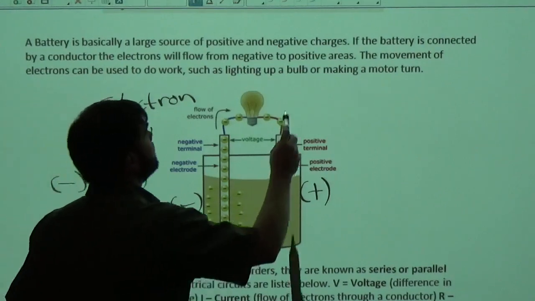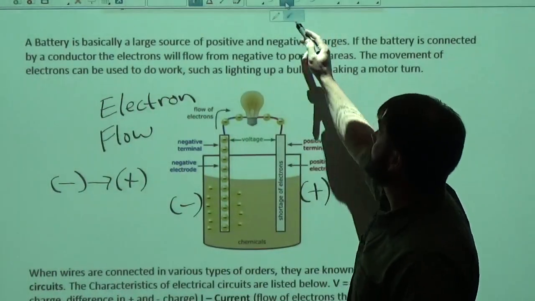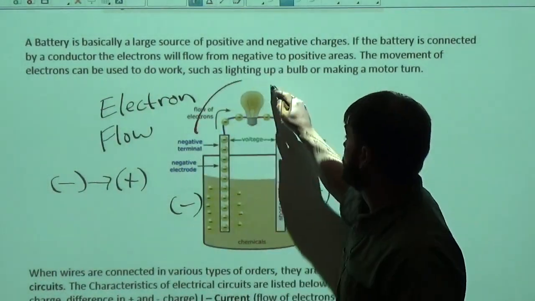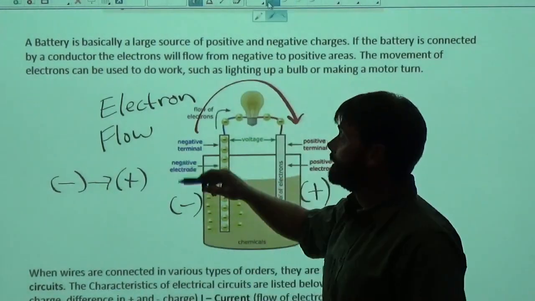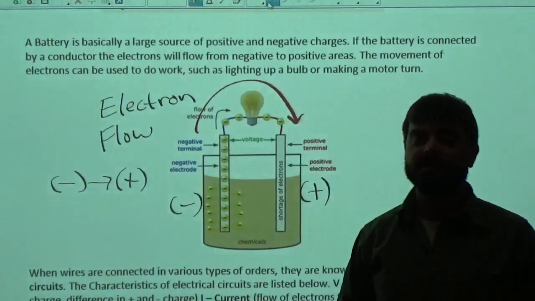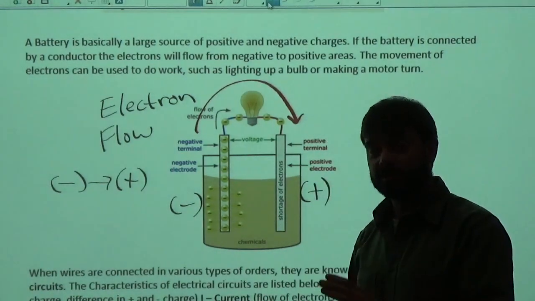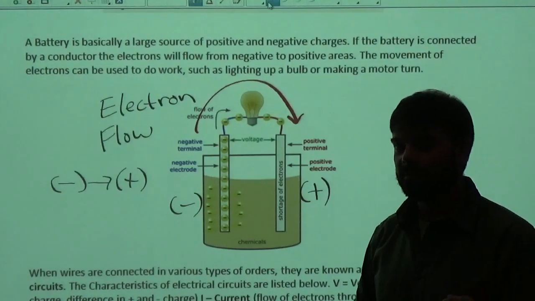It has to go from negative to positive because that's what electrons do. Remember, the electrons are the ones that move. So when we talk about the negative side versus positive side, that's the negative charge versus positive charge. Where the electrons are and where the electrons want to go is always from negative to positive.